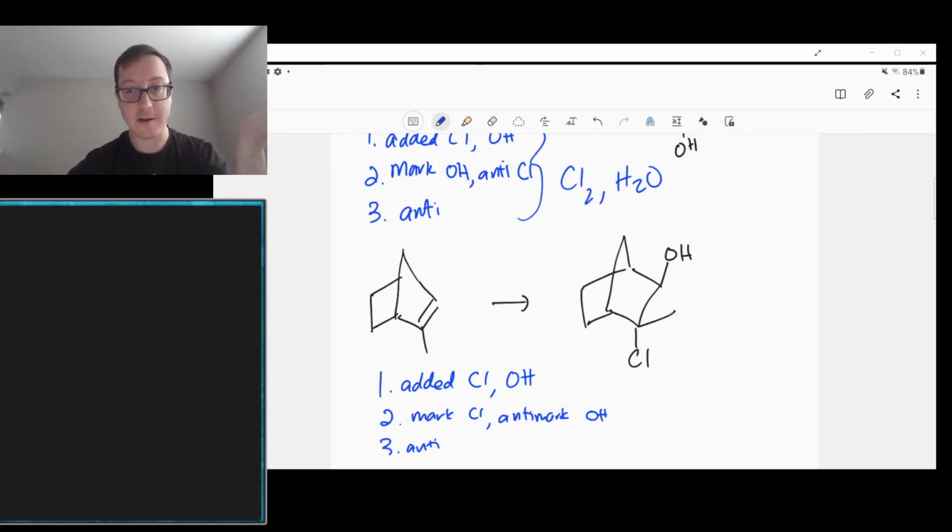So what's happening here is this is going to be an epoxide and a nucleophile, right? The epoxide will end up giving us the anti-Markovnikov hydroxide with this.